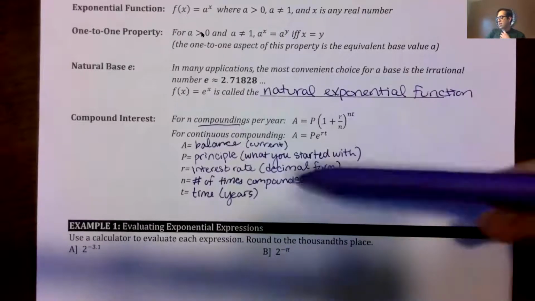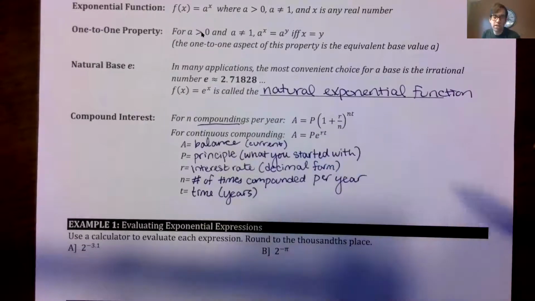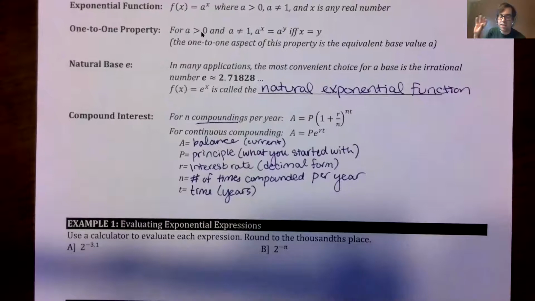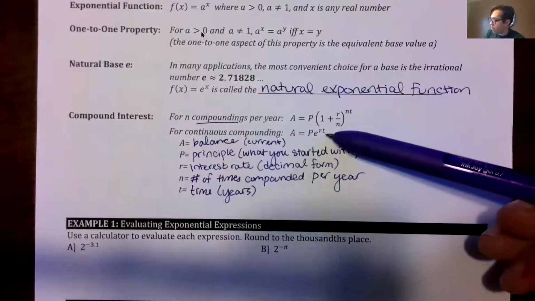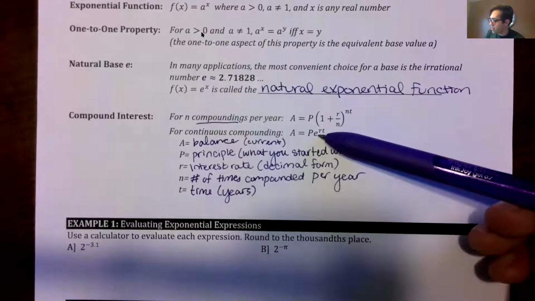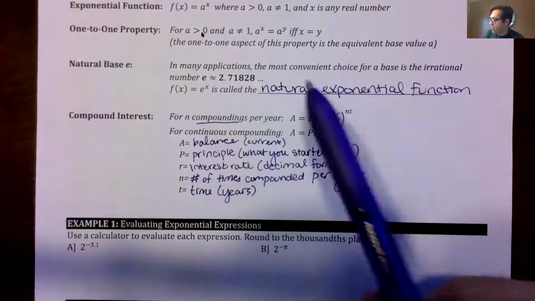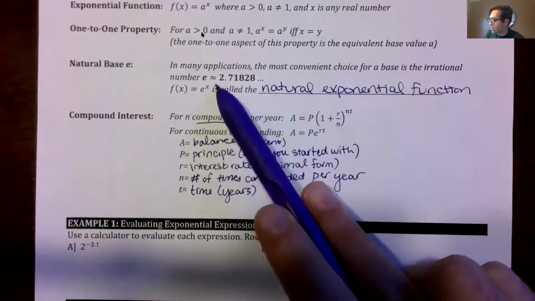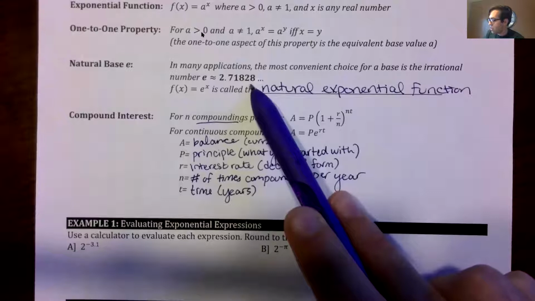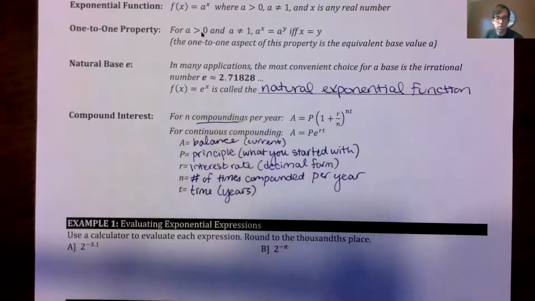And continuous compounding means that the interest is literally moment by moment added to your account as it's earned, instead of being added at a certain interval of time, it's like constant. And the formula changes a little bit and uses this letter e, which is one of the ways that this irrational number e is useful.